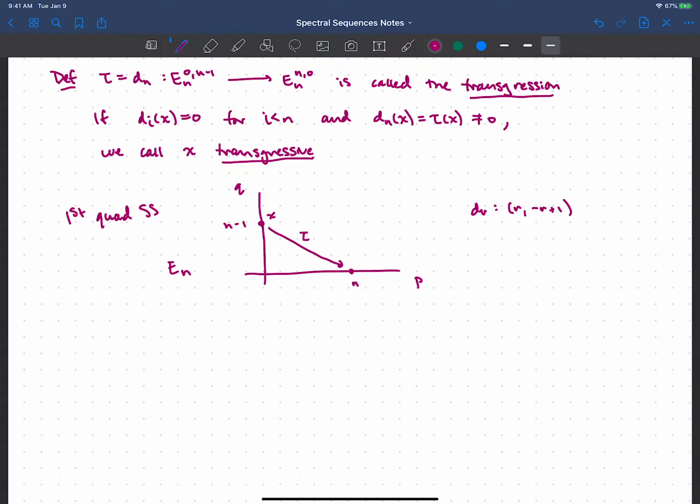And why does this matter? Well, let's tie this back into the Steenrod algebra. It's a fact that if x is transgressive, so tau on x is defined and is non-zero, then you also know that Sq^i on x is transgressive.